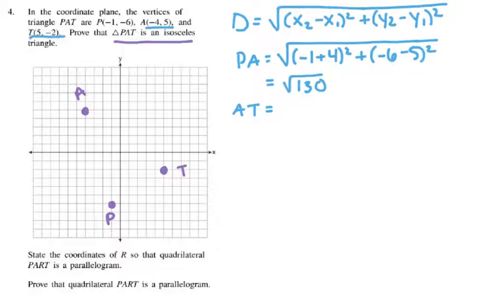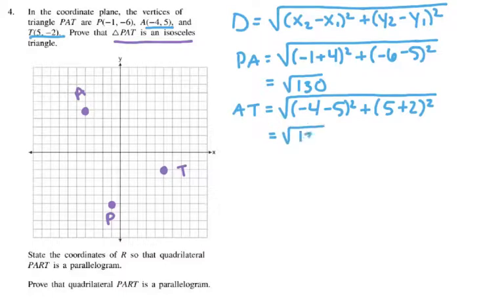To find the distance of AT, it's going to be the square root of -4 minus 5 squared plus 5 plus 2 squared. Again, using my calculator, I find that my radicand is equal to 130. Here I've proven that both PA and AT are equal to each other.